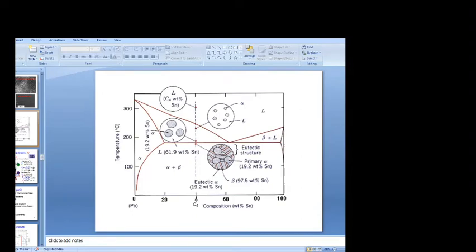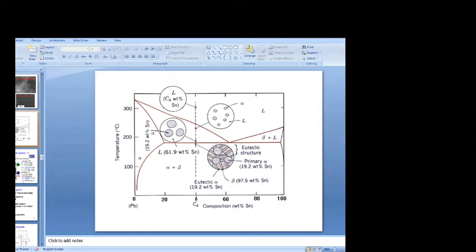That eutectic structure is basically alternating alpha and beta lamina, and insignificant changes will occur with the alpha phase which formed during the cooling through the alpha plus liquid region. So this microstructure represents basically the inset point, that is the point M.